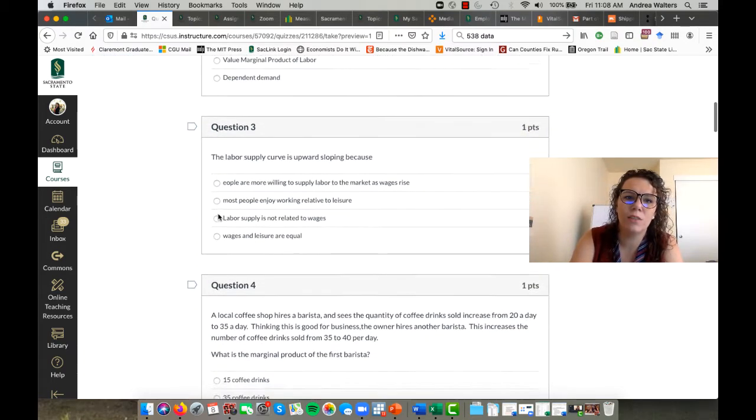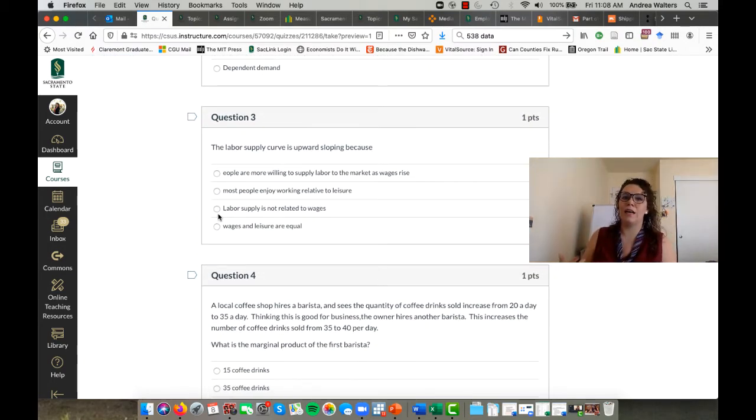Question 3, the labor supply curve is upward sloping because people are more willing to supply labor to the market as wages rise. Most people enjoy working relative to leisure. Labor supply is not related to wages, or wages and leisure are equal. Looks like I've got a typo there and I'm missing a P. I apologize for that. But you want to remember the labor supply curve is upward sloping because, I'm going to pull out a graph here, people are going to be more willing to supply their labor to the market as wages go up.